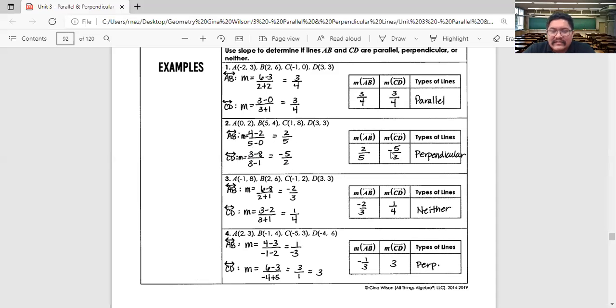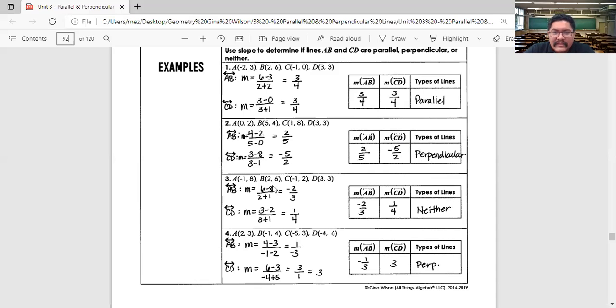If it's not, then you'll have to simplify or reduce it and put it right there. So now we can look at our two slopes for each of these lines, and it is going to be perpendicular because again, they are opposites. One is positive and one is negative, and they are also reciprocals. So reciprocal 2 over 5, 5 over 2, they've been flipped.